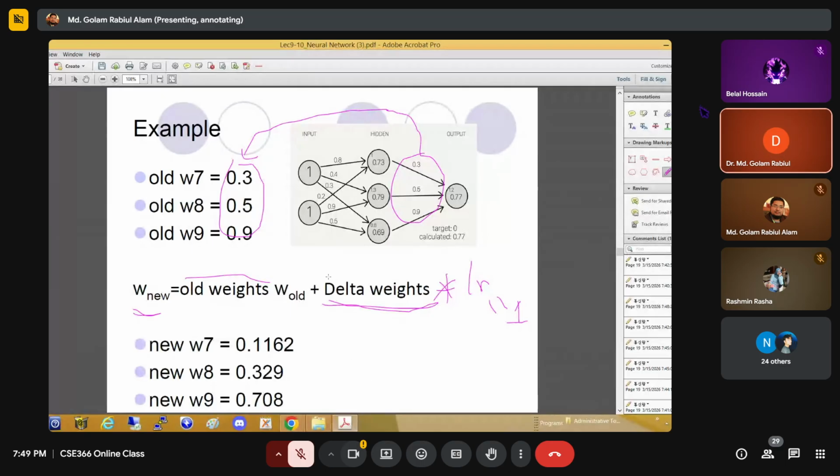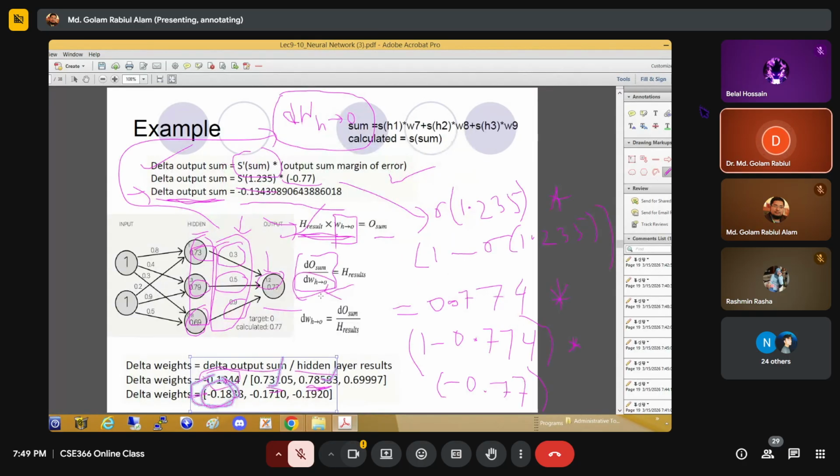Now, let's say we want to find the new weight of W7. It will be the old weight, 0.3, plus the delta weight of W7, which is negative 0.18.